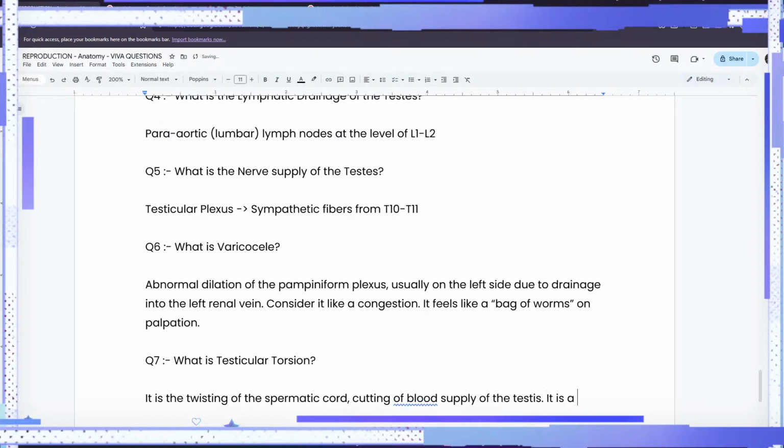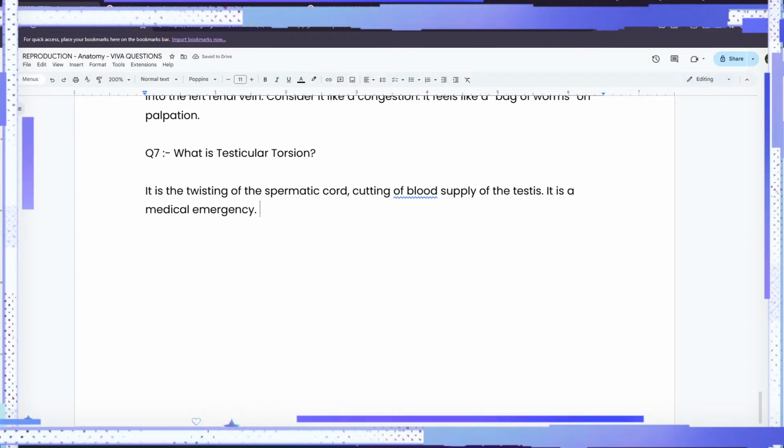It is a medical emergency. Fair enough, right? That is quite sad. So you would present with sudden and severe unilateral pain.